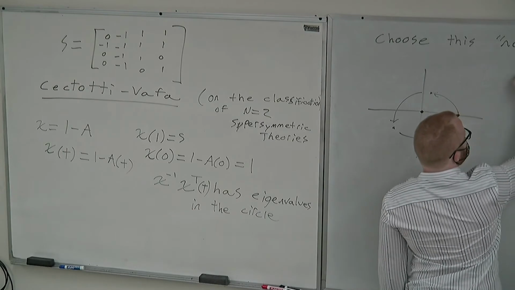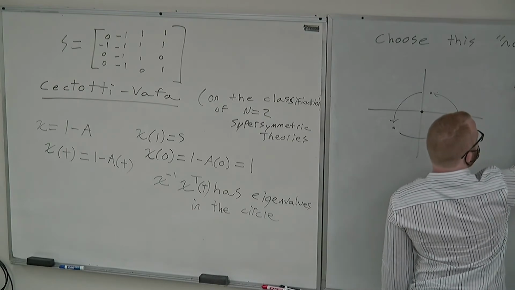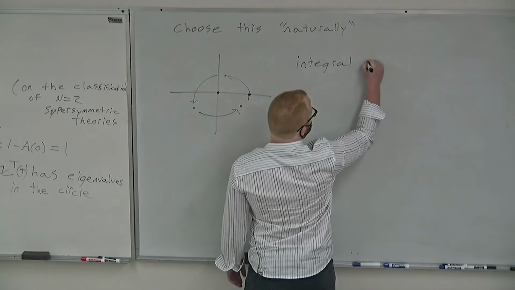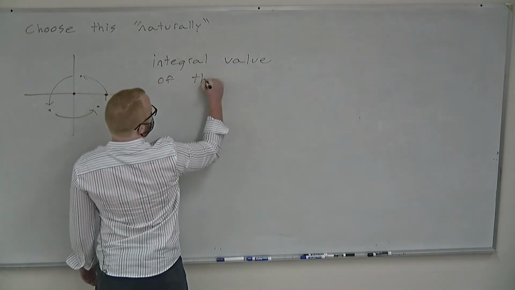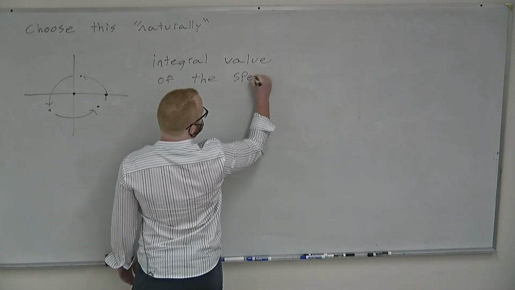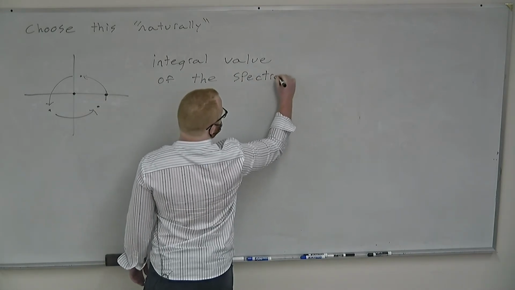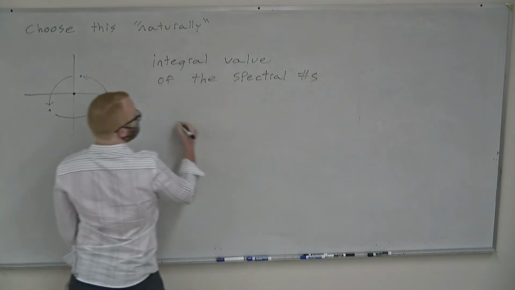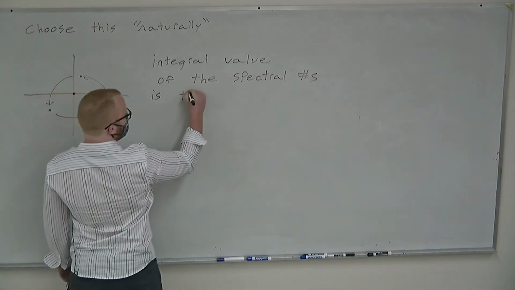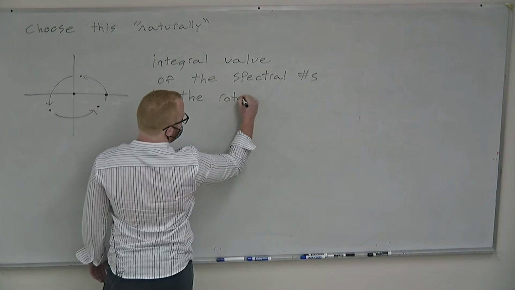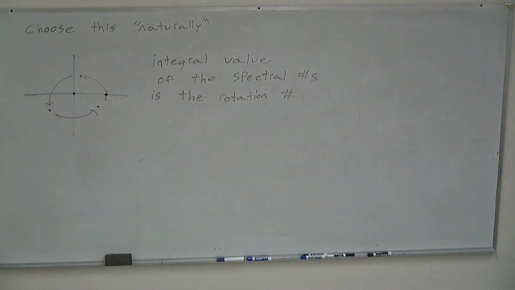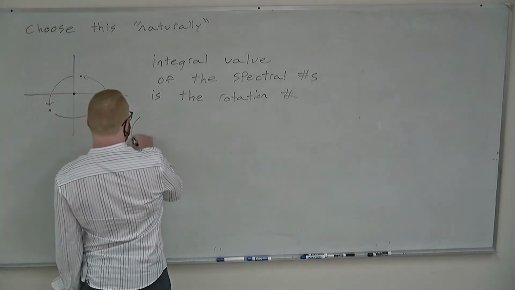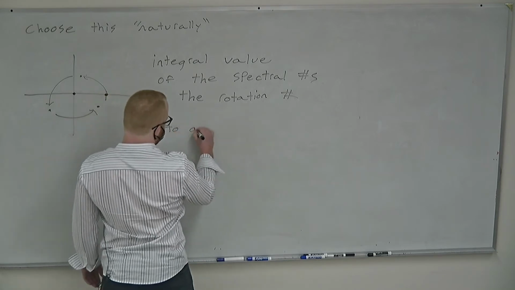So the idea is that the integral value of the spectrum is just the rotation number around this. Now, I should say this is up to a shift.